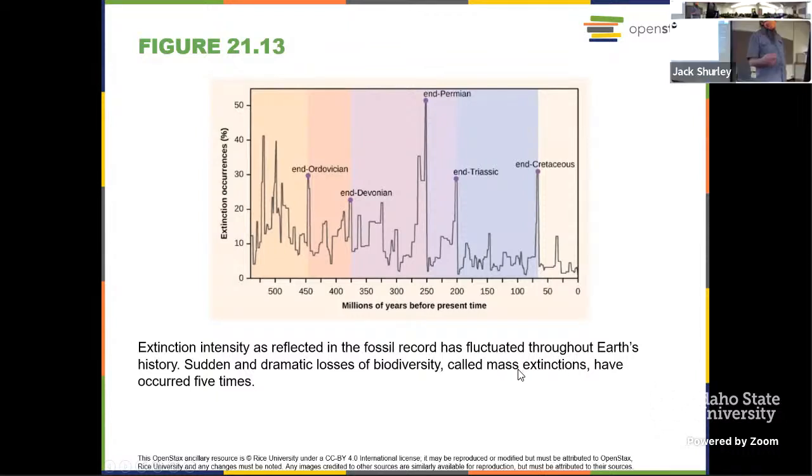On the other hand, as we see this, there are also potentials with these reductions where it opens up the stage for adaptive radiations. As one example, this one here at the end of the Cretaceous is a mass extinction that basically wipes out the dinosaurs.